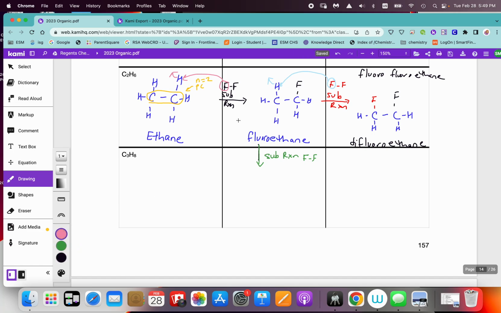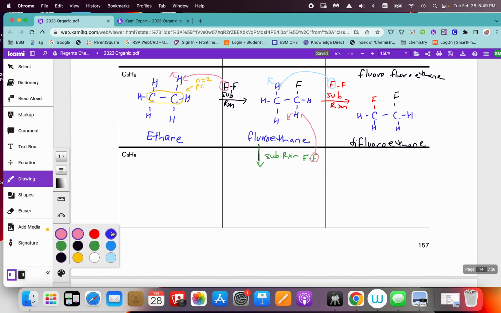So this time in the substitution, one of the fluorine atoms from the fluorine molecule is going to come in, but it is going to replace a hydrogen that's on the same carbon as the original substitution.